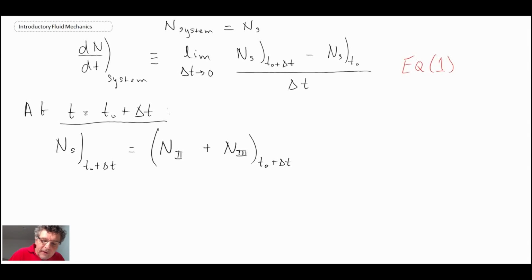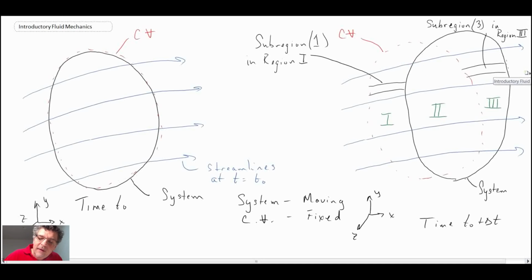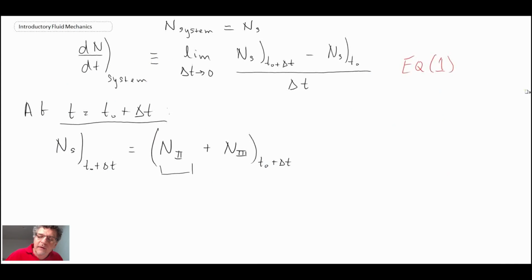Now I want to write this in terms of the control volume, so I'm going to make a substitution for region 2. Looking back, we can see that region 2 consists of the control volume minus what is in region 1. So let's do that.